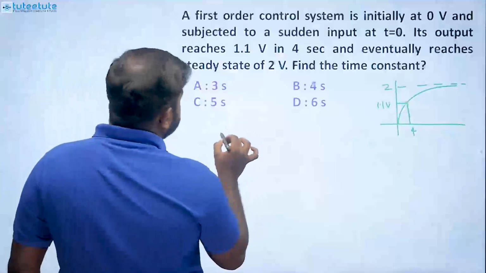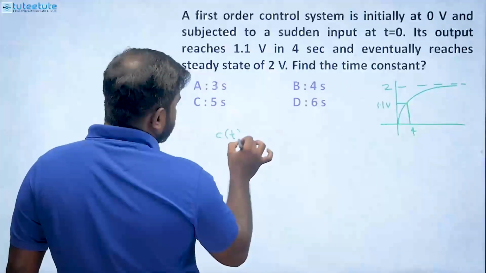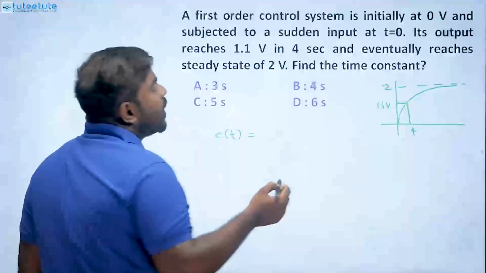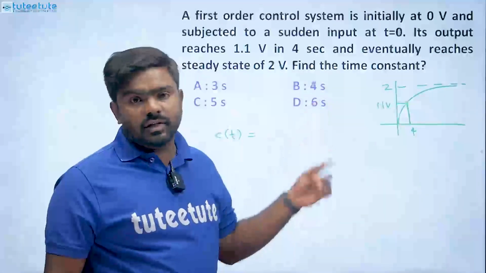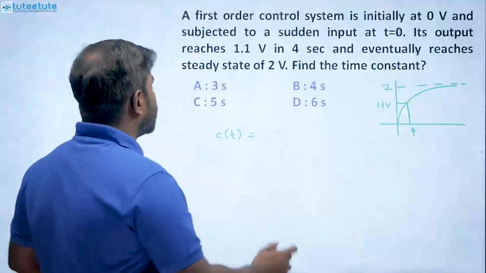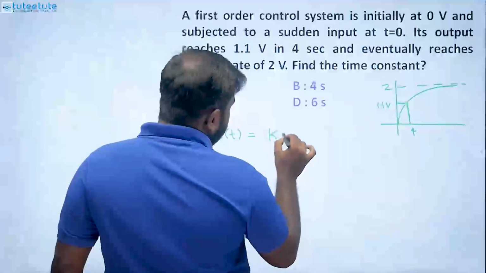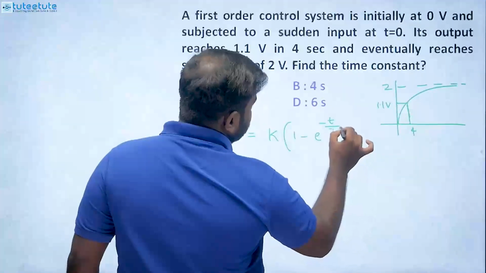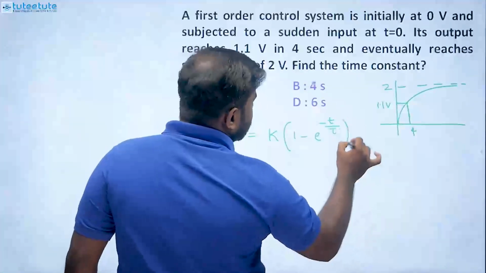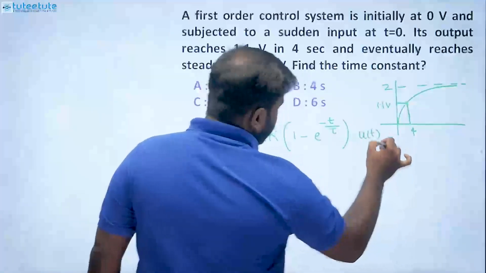So generalized first order system response would be, see, we don't know what would be the magnitude. So simply we cannot write 1 minus e raised to minus t by tau into u of t. We don't know the magnitude. So we have to write k into 1 minus e raised to minus t by tau into u of t. I am taking tau over here.